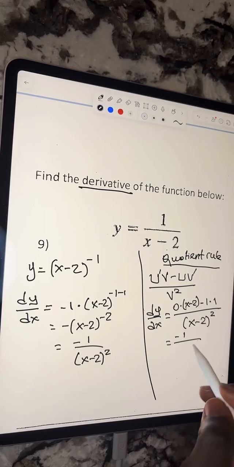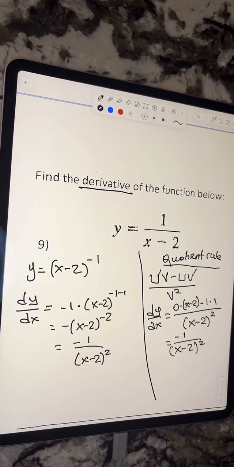That would be negative 1 over x minus 2 to the power of 2. You can do that too. Are we all on the same page, guys?